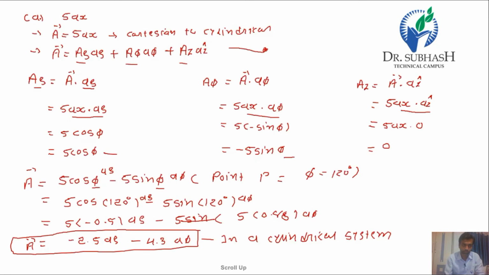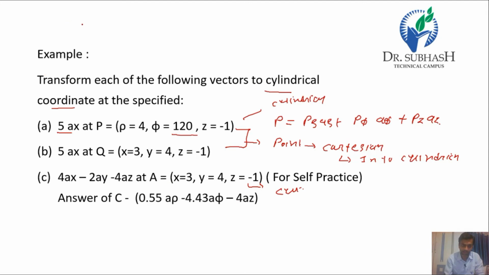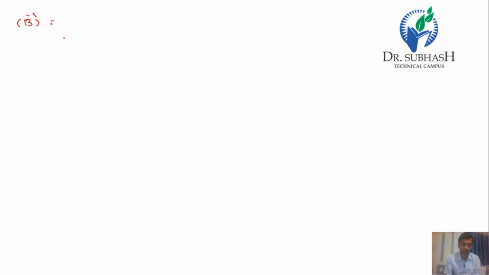Okay, next in B, we have the given vector ρx, and the point is x is equal to 3, y is equal to 4, and z is equal to minus 1. So first of all we transform this point into the cylindrical coordinate system.